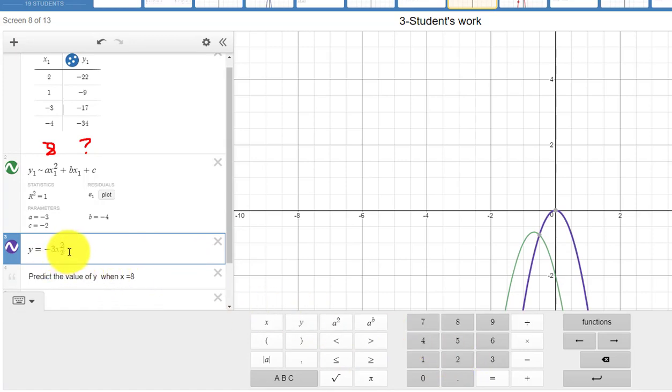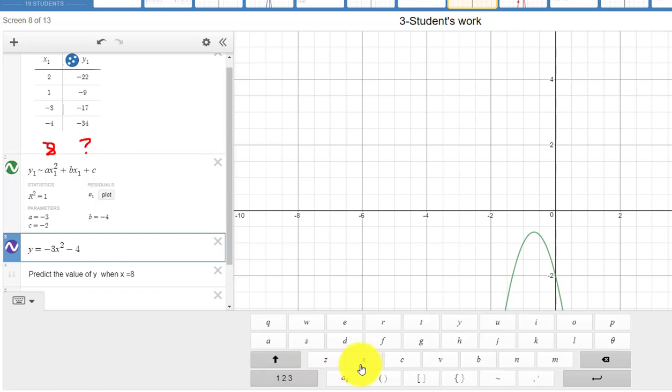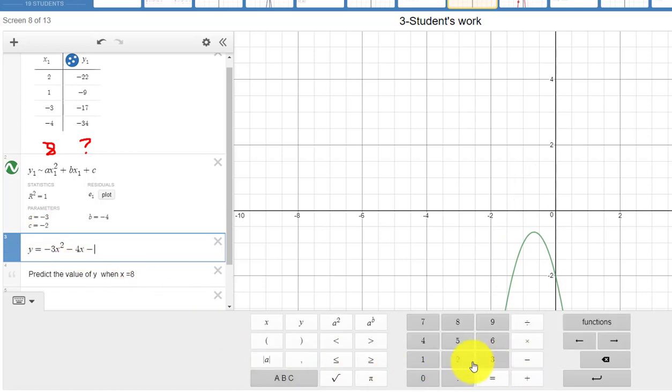Alright, so there should be no subscript. X squared. My b is -4, and then my c is -2. So we need to type in this equation using an equal sign and without any subscripts.